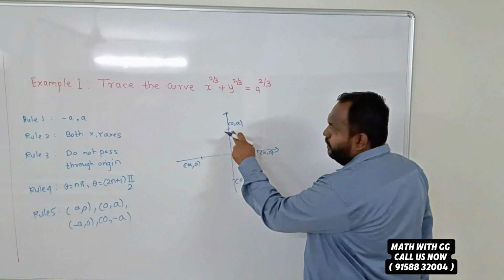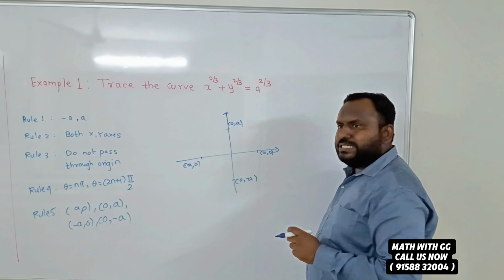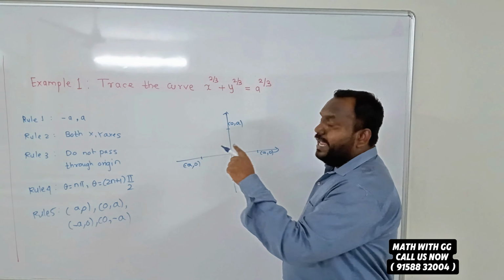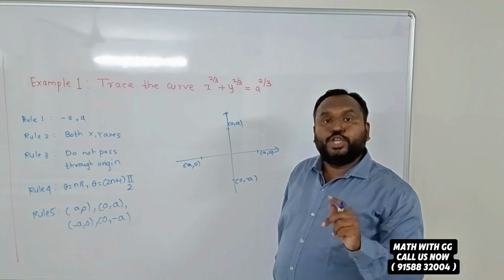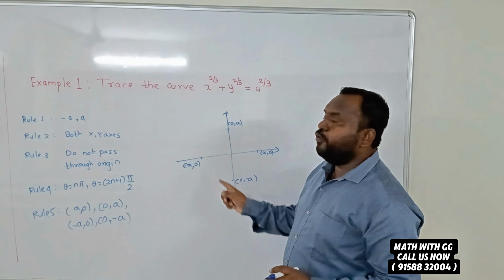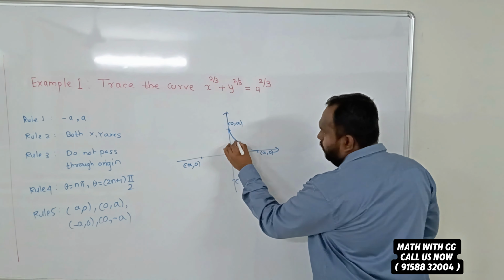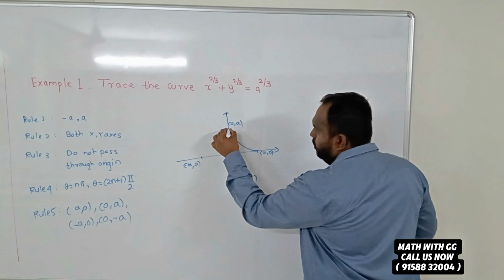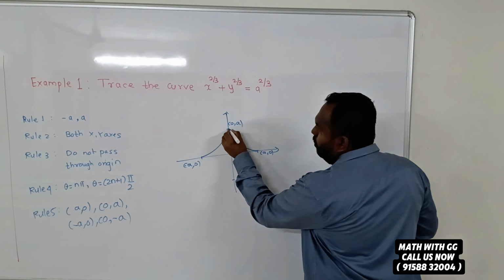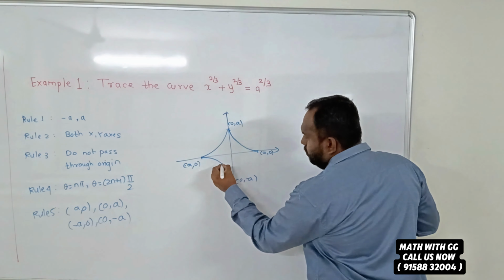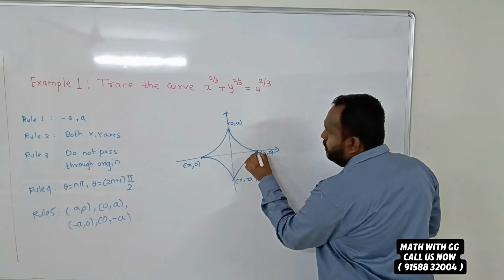If you observe, all these points are special points and the nature of the tangent at these points is unique. Hence, all the 4 points are cusps. So, if we draw the sketch, here is the rough sketch of this graph, as it is symmetric about both axes.